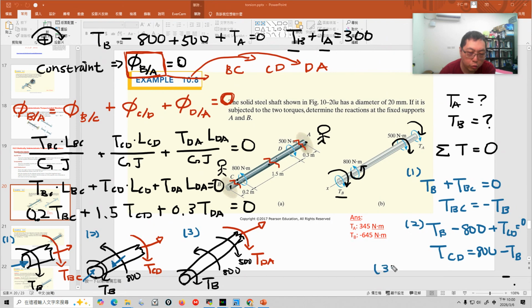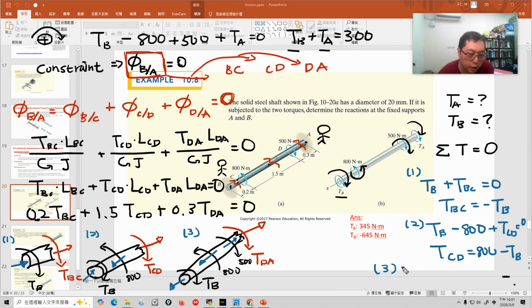Okay, section 3. Here the TB thumb direction is here, the 800 thumb direction is here, and for the 500, where is the thumb direction? Don't forget the right hand rule. Sorry, this is wrong. This direction. And for the 500, using the right hand rule, the thumb direction is in this way, so the sign for the 500 is positive.